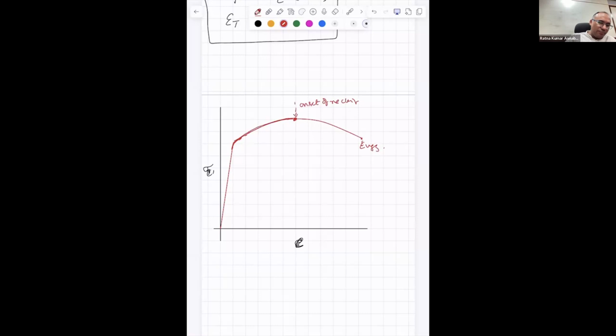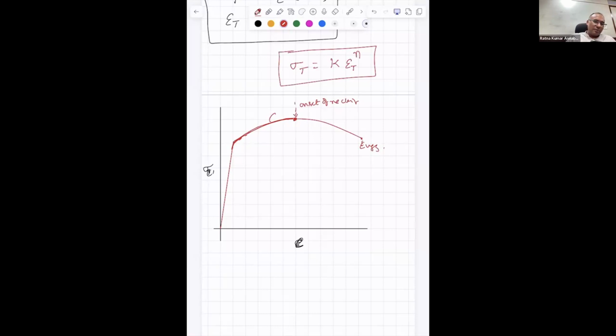This can be represented by a functional relation, a power law relation, sigma t is equal to k epsilon t power n, from the onset of plastic deformation to here.